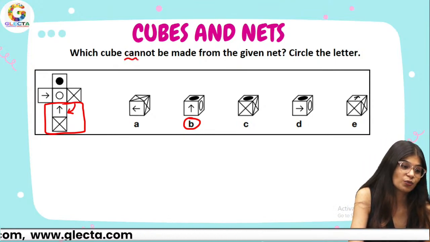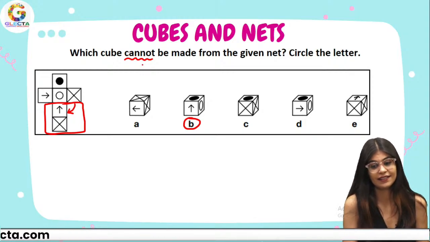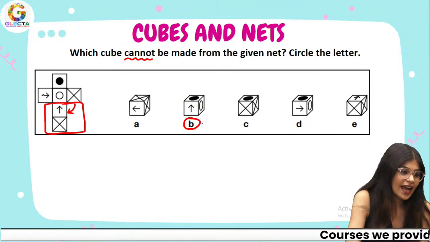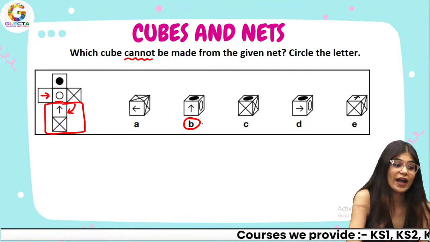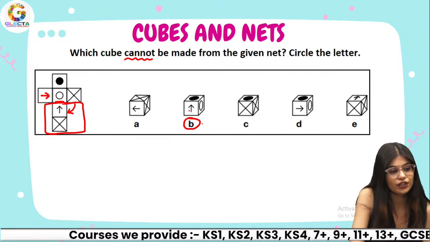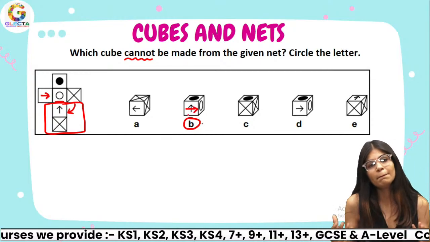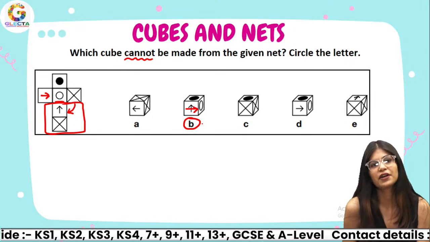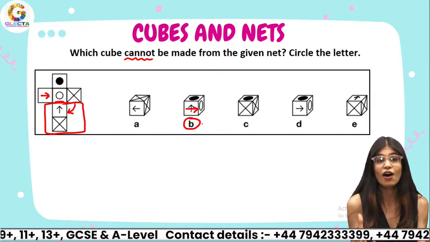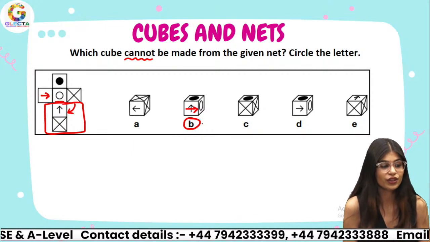You have to find out which one cannot be made. So B cannot be made because this arrow is pointing towards the white circle, not the black one. So if it were to be an arrow like this one, maybe B would have been a correct one for making the net. But I can't make the cube, so it is the answer for this one.